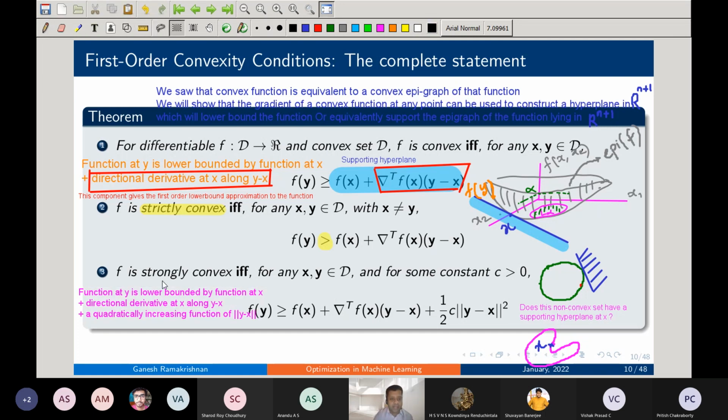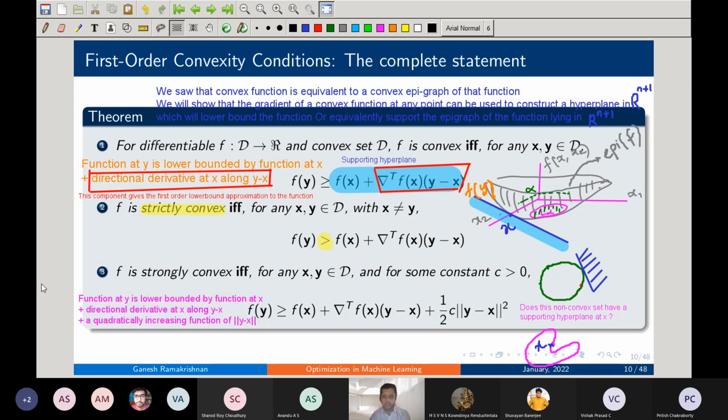Actually, this is the kind of gap that helps prove several results on convergence of algorithms. I already mentioned that, but we'll use this.